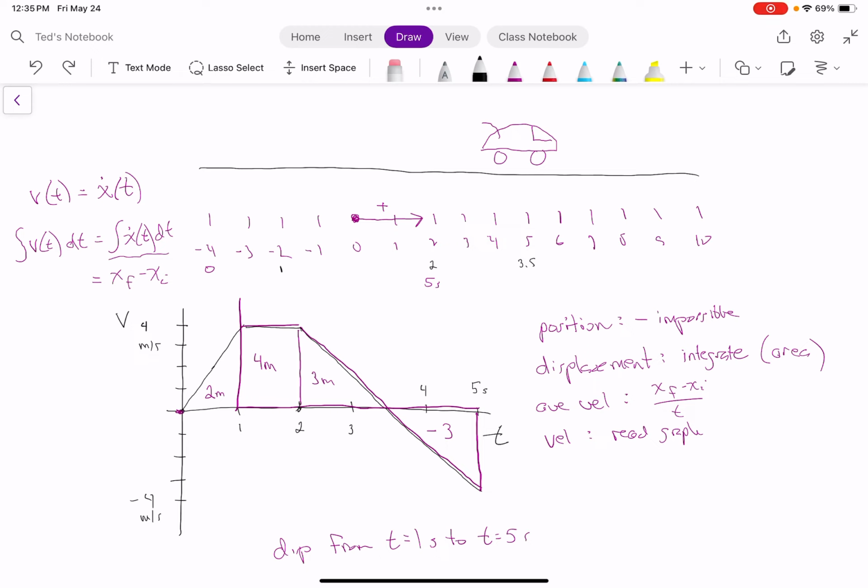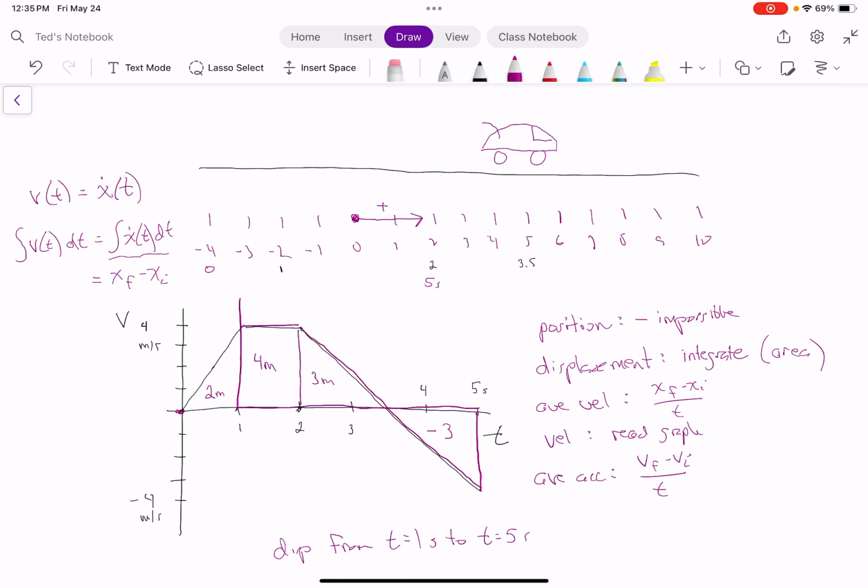Next, acceleration. Well, we can do average acceleration. The average acceleration is going to be the final velocity minus the initial velocity divided by time.